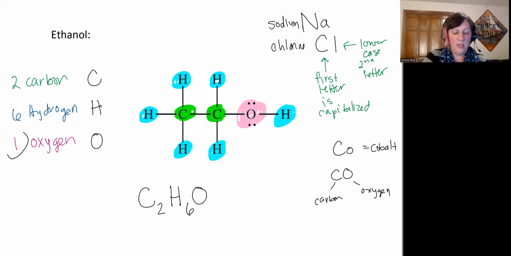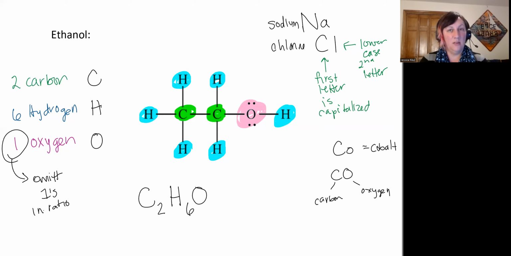For the ones, we are going to omit ones in our ratios. If we are writing the chemical symbol down, then we assume there's at least 1. Any more than that, we'll put a subscript number. And so we would write ethanol's chemical formula like this, C2H6O.